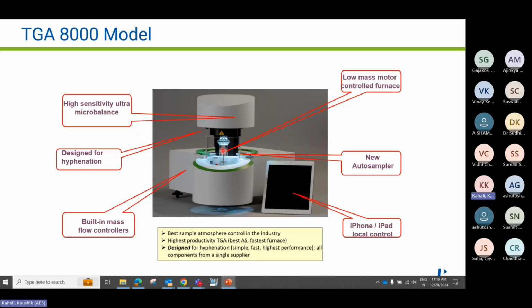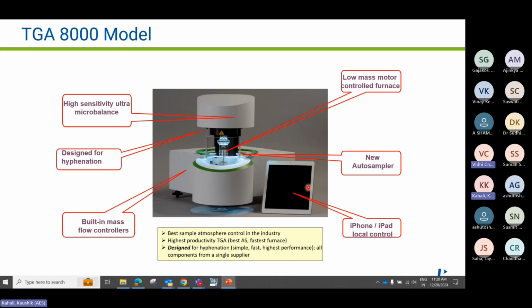With just a click of a button in the software, the furnace will go up and down. We also have an auto sampler with 45 positions. There you can put samples in unattended mode and define the program in the software, where one by one each sample will be put in the furnace and analyzed, then taken back, and the next sample will be put in like that.